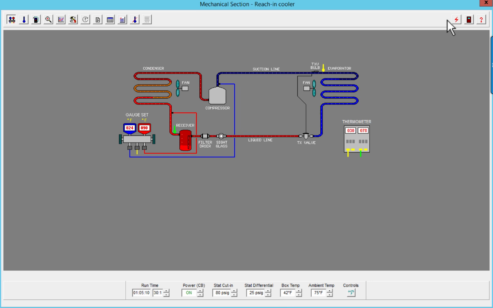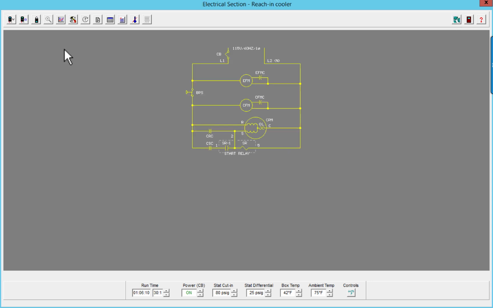If I go to the electrical side, let's put an amp clamp on my condenser fan motor, it's running normally. Let's move that to the evaporator fan motor. We're at 1.8, we're fine. Let's move this to the compressor, we're at 7 amps.